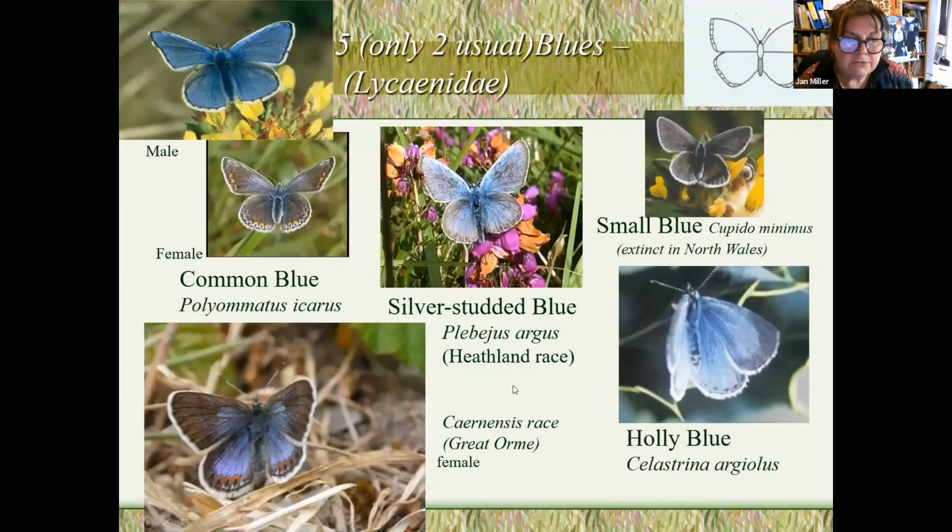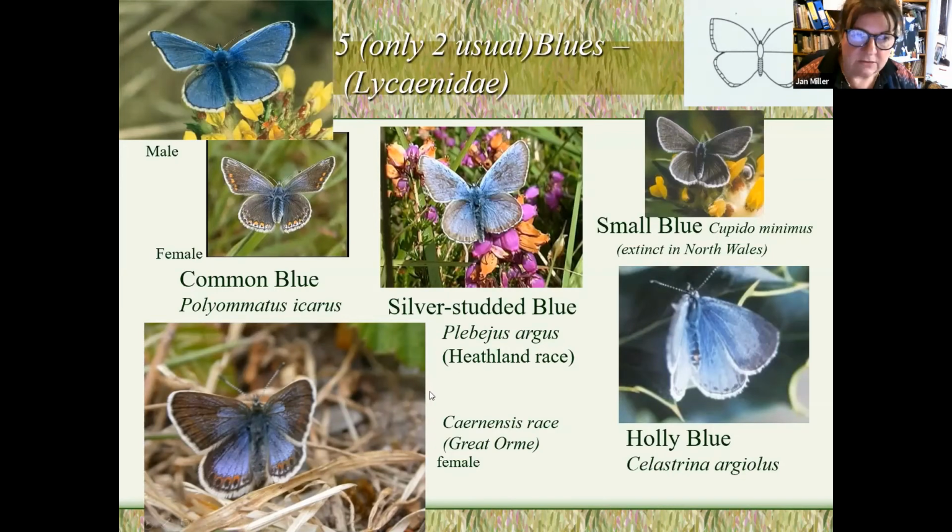Now we're on to the blues. As I mentioned before, if you live in North Wales, you will generally only ever see two blues. That's the holly blue, which has two generations, in the early spring and the autumn, and as its name suggests, feeds on holly.